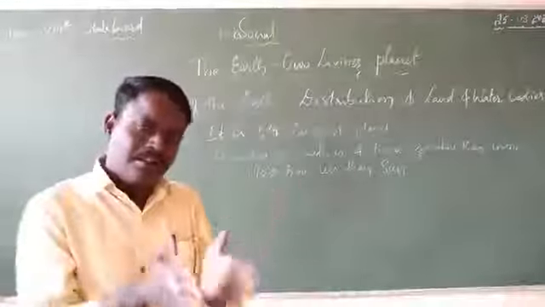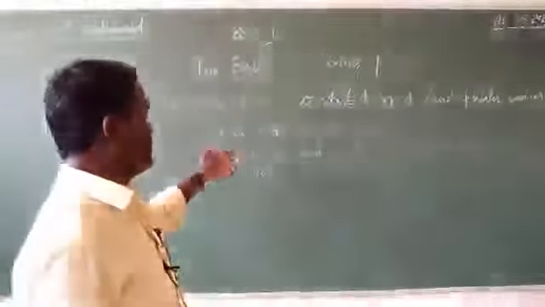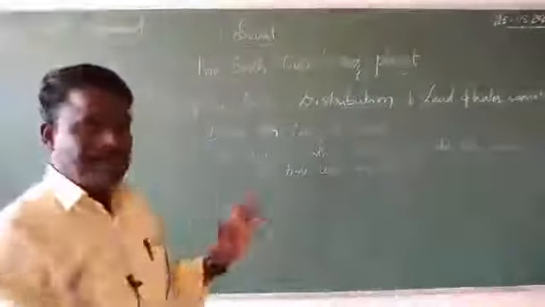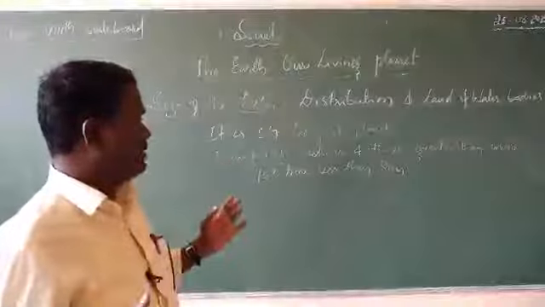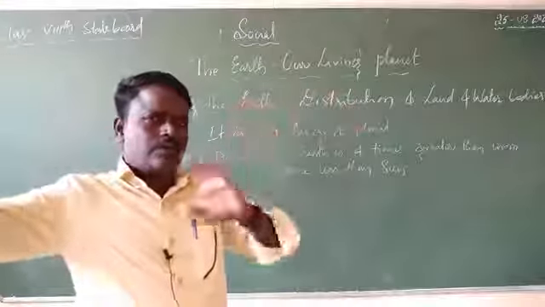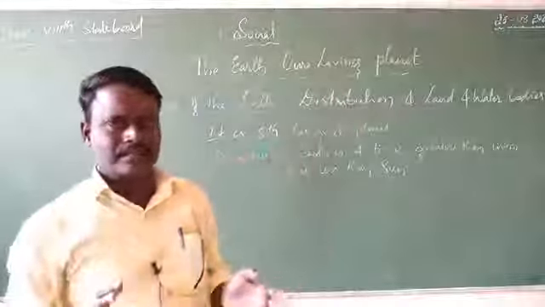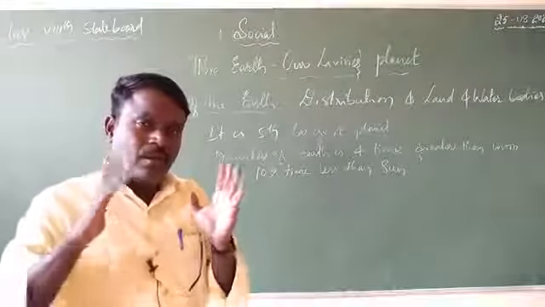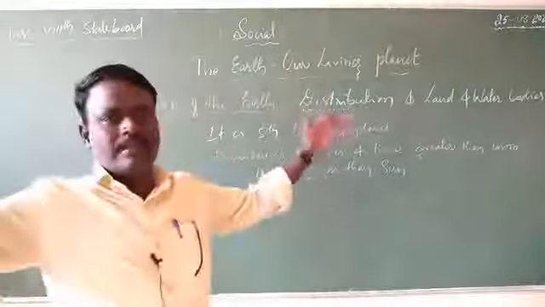Among all the planets, the earth is the fifth largest. And the diameter of the earth is 4 times greater than the moon. The moon is known as the satellite of earth.